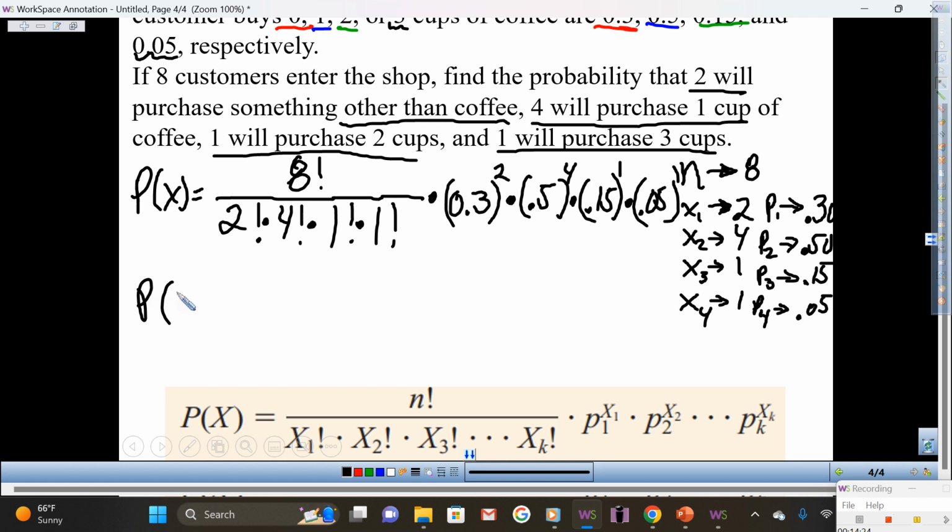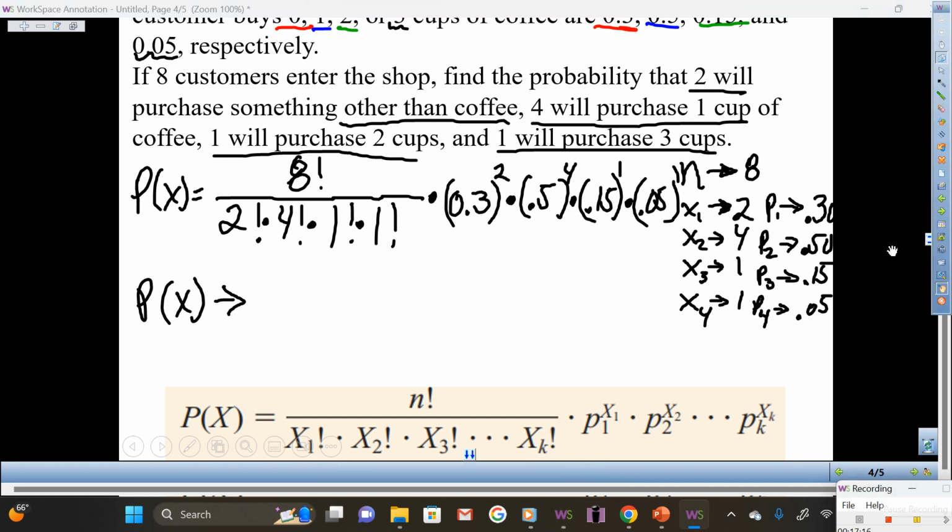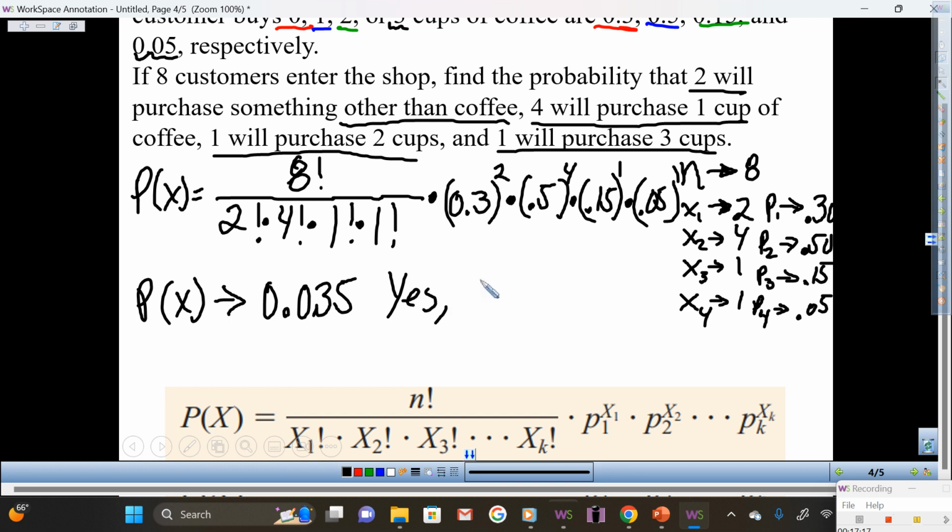And I'll give you guys some time to get that. See what you get. All right, so what you get at the end, Dom? P of x for the multinomial is? Okay, we'll leave it at 0.035. And percentage is 3.5%. Hands, have you got that? That is correct. Let's go.